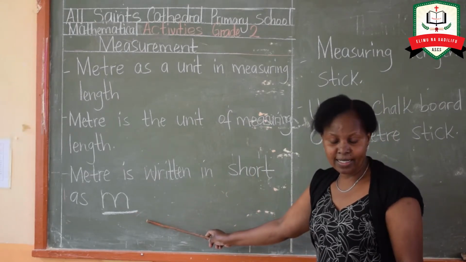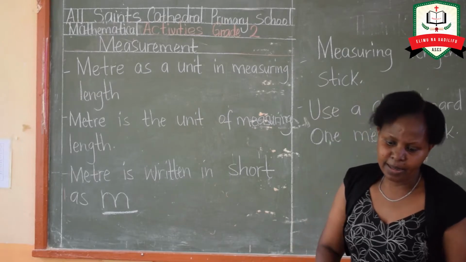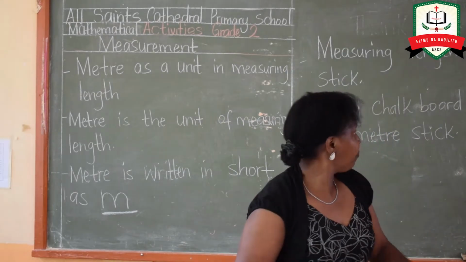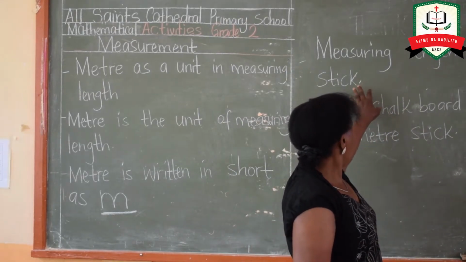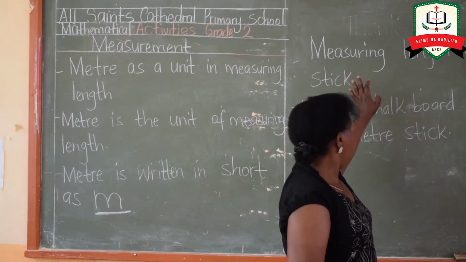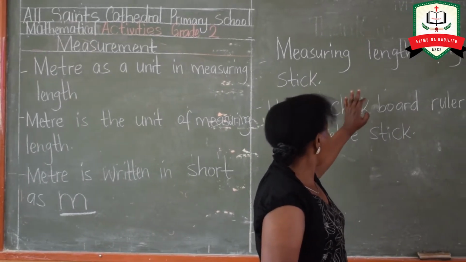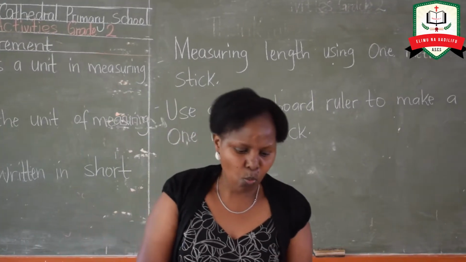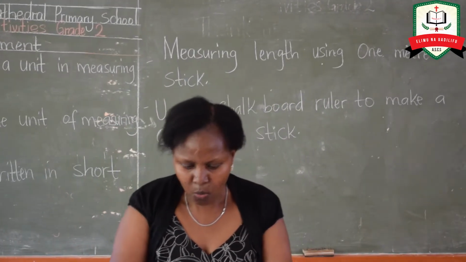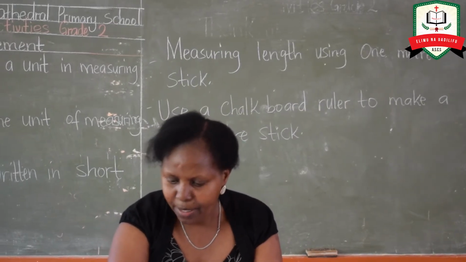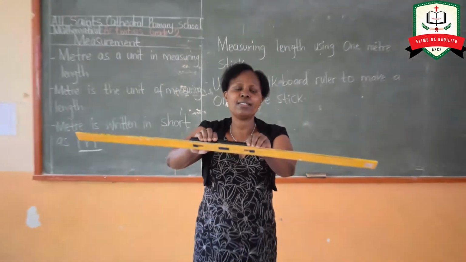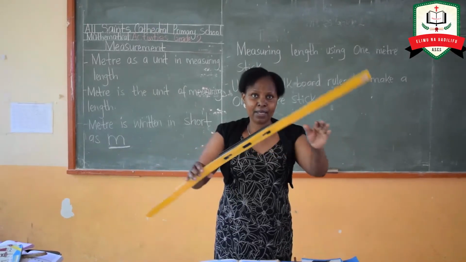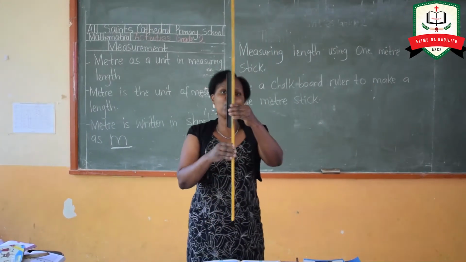Okay, boys and girls? And we are going to measure length using 1 meter stick. And how do we get that 1 meter stick? Like my chalkboard measures 1 meter. My chalkboard is 1 meter.